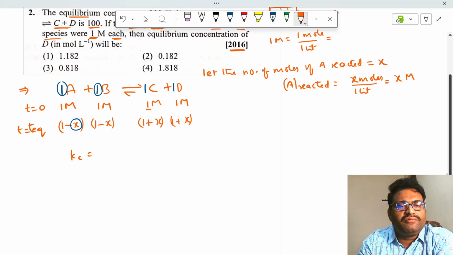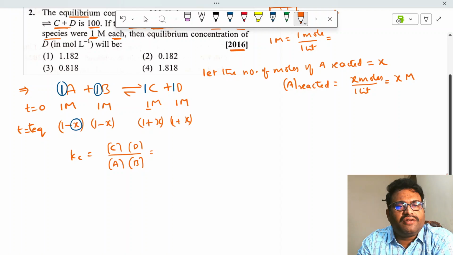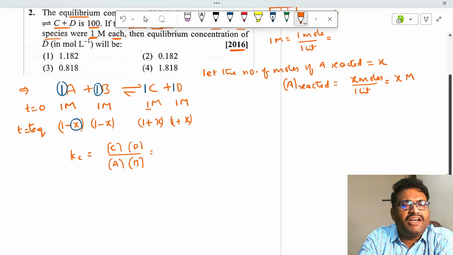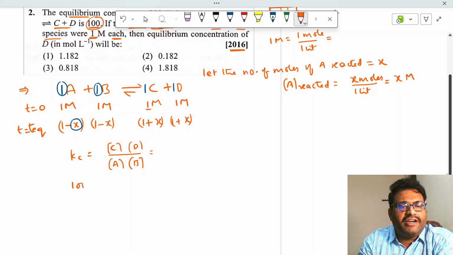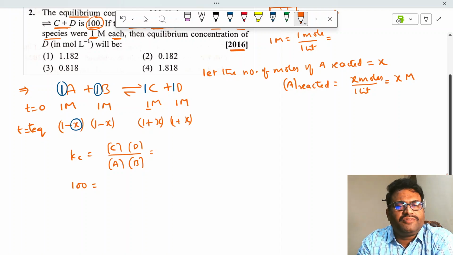Okay. Then let us write Kc. Kc is equal to concentration of C into concentration of D by concentration of A into concentration of B. Equilibrium constant Kc is already given, how much? 100. So 100 is equal to concentration of C, 1 plus x, concentration of D, 1 plus x, and concentration of A, 1 minus x, concentration of B, 1 minus x.